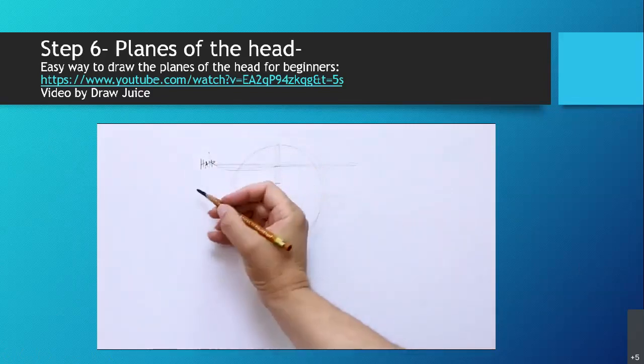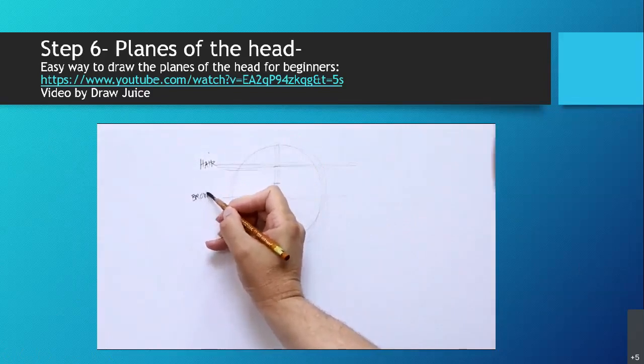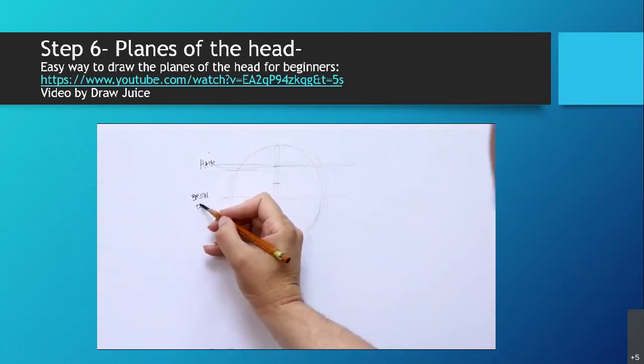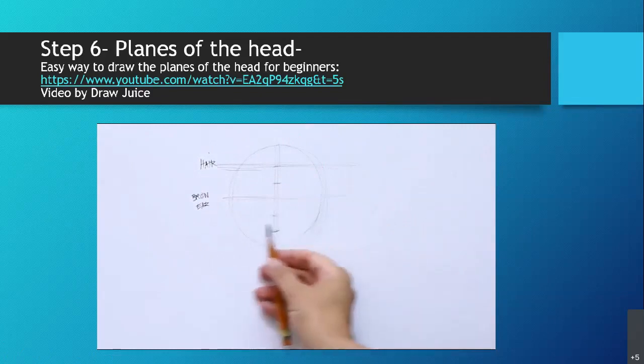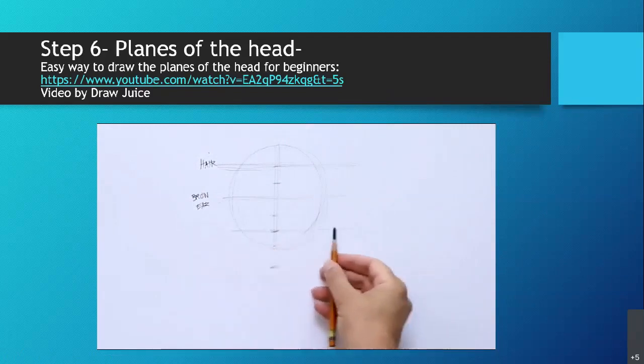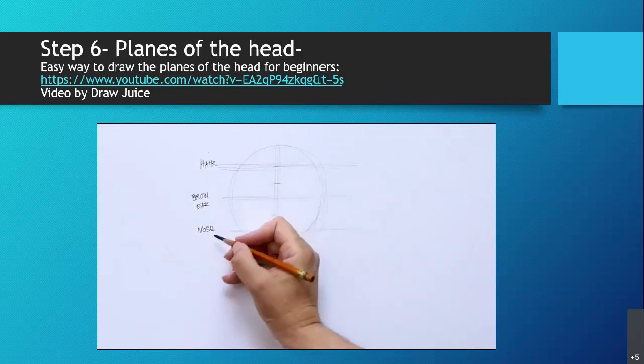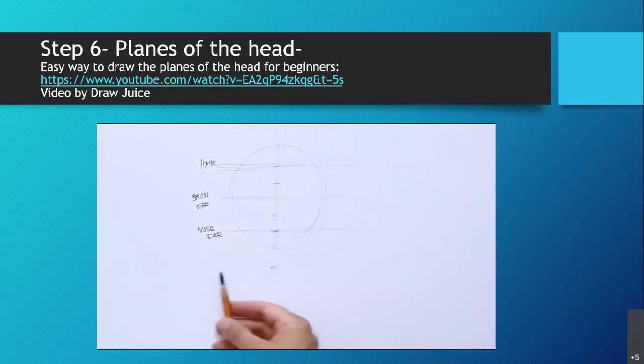This middle third is the brow. It's also where the ear is going to be, the top of the ear. This one is the nose. And the bottom of the ear. And here we have the chin.